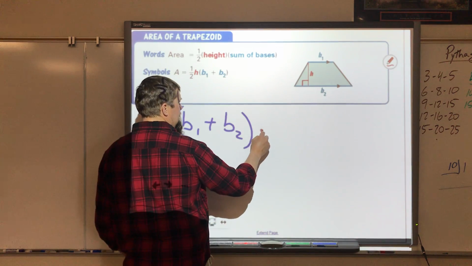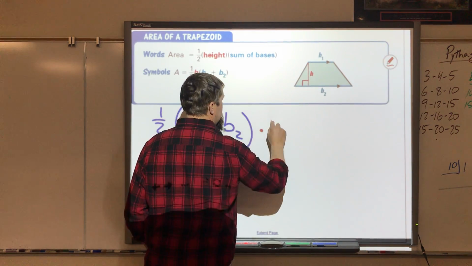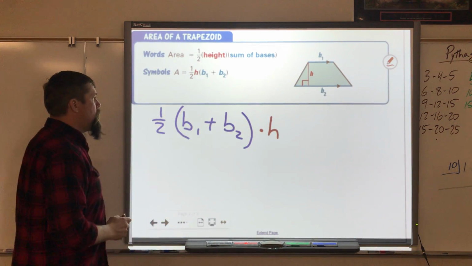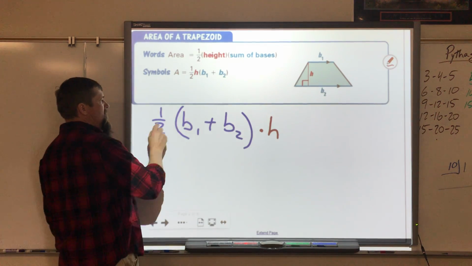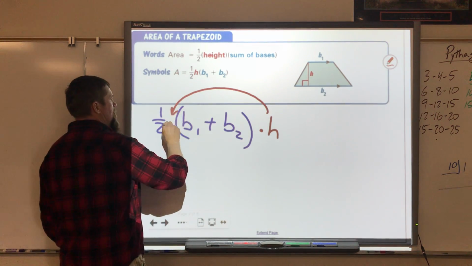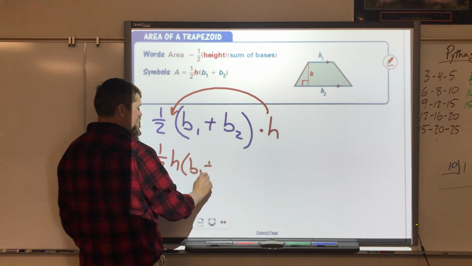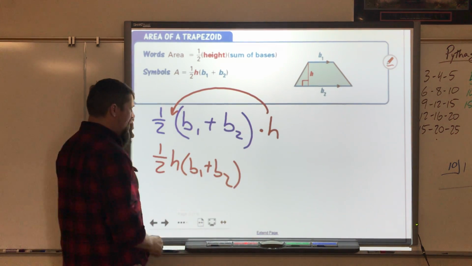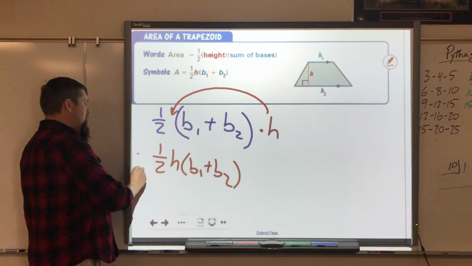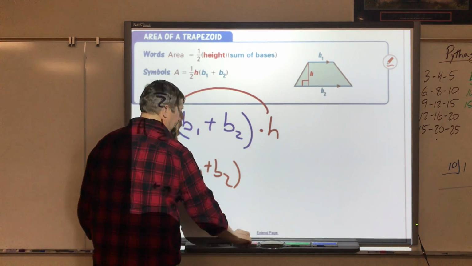Okay, so then you're taking the average of the two bases times the height, which of course they put the h in between, which is fine. You've put 1/2 h times b1 plus b2. So that is the formula for the area of a trapezoid.